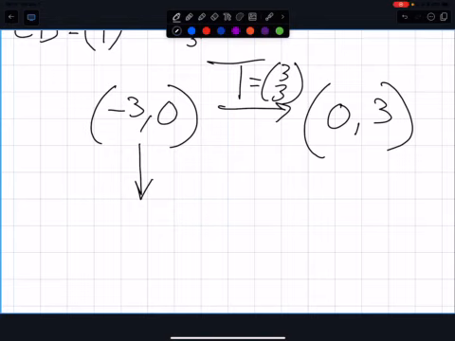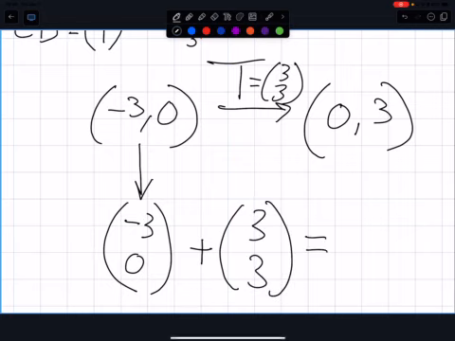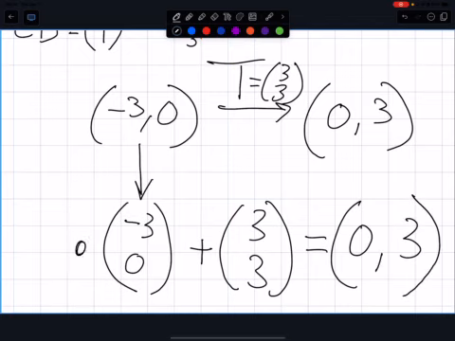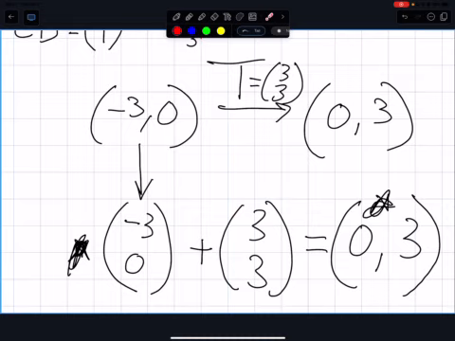And what happens under the translation? The translation is positive, so you add 3, 3. And what is your final answer? 0, 3. So I was standing here, and now I moved to here, under the translation 3, 3. Standing at a coordinate, and I moved to another coordinate.